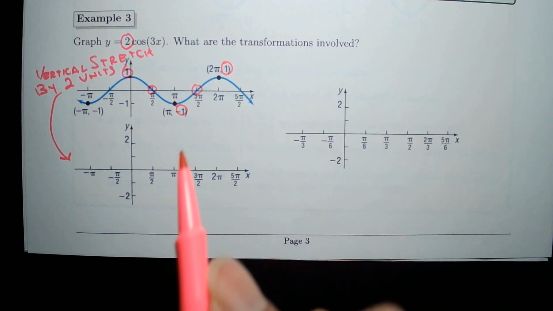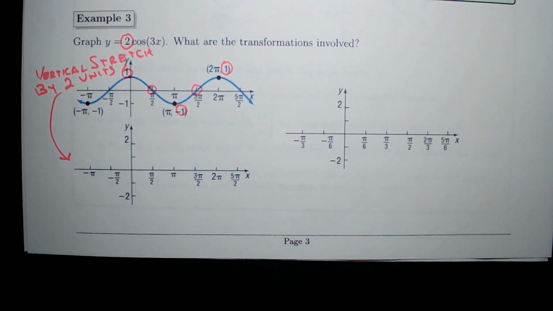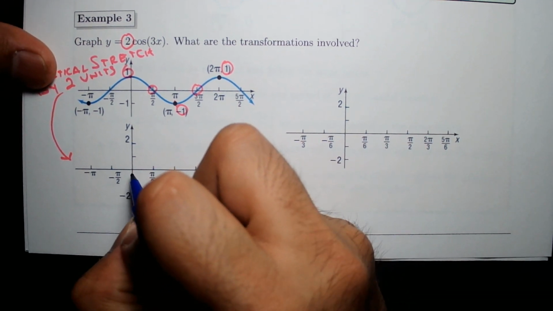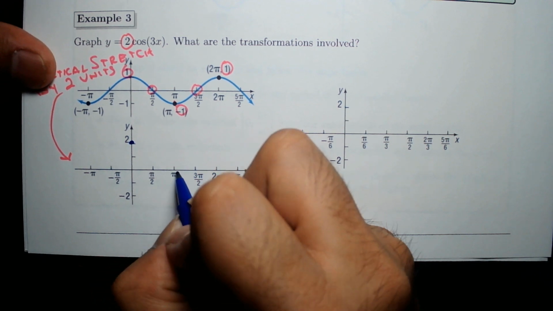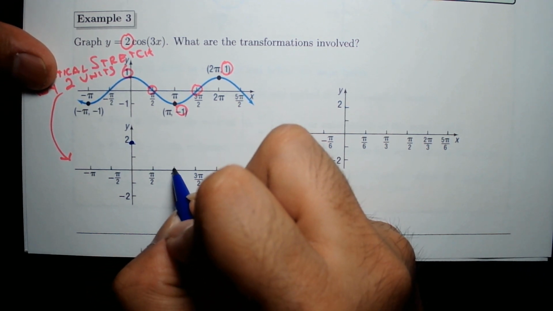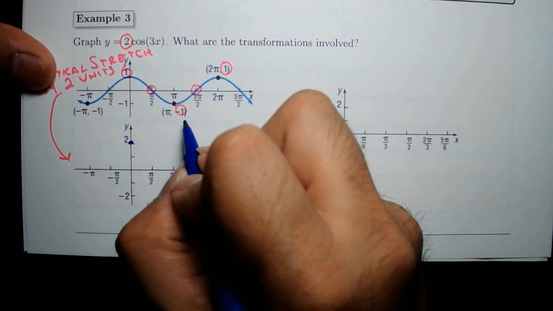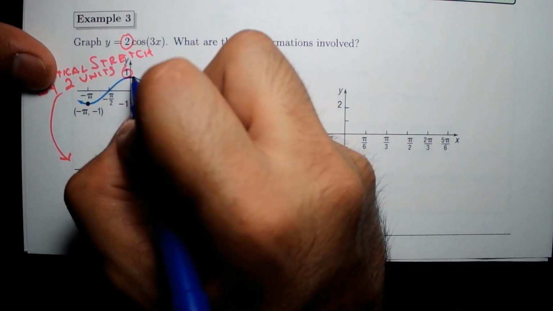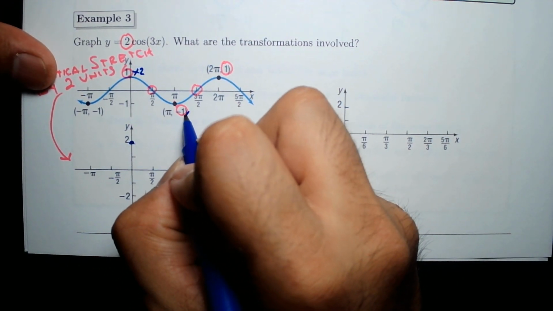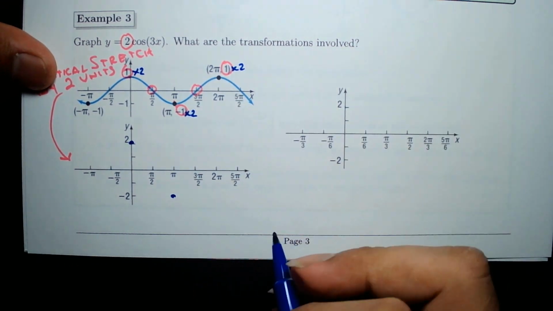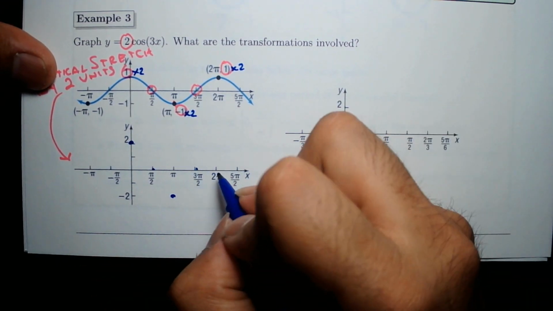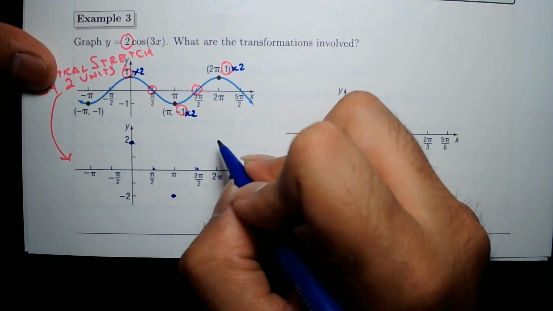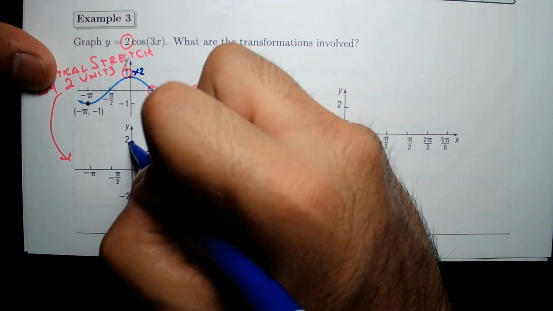The 0 times 2, we don't really need to do that because that's still going to be 0. So what we're going to get is 0, 2; pi over 2, 0; pi, -2 as opposed to 1. This is times 2, times 2, times 2. And 3 pi over 2 right here. These points remain the same. 2 pi times 2. All right.